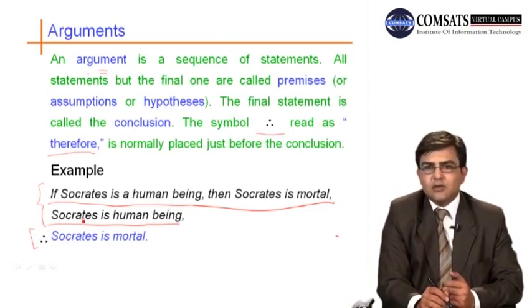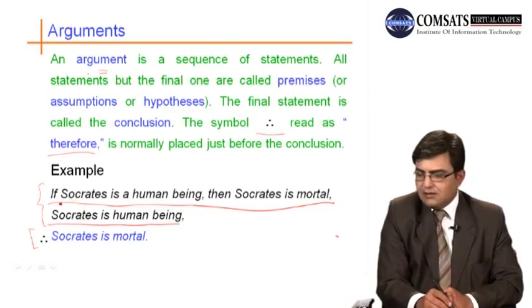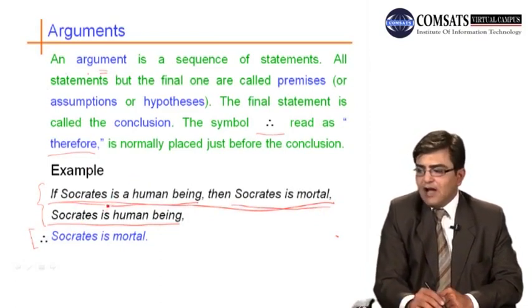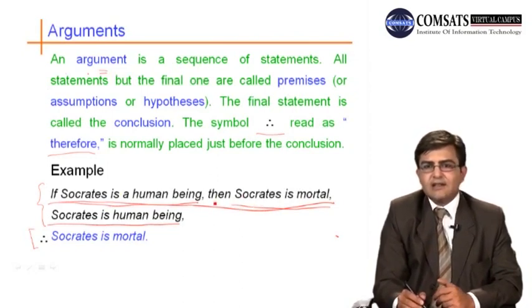What are the cases when a conditional statement is true? This is the hypothesis of this conditional statement and this is the conclusion. If the hypothesis is true and the conclusion is false, this conditional statement is false. In all other cases this conditional statement is true.